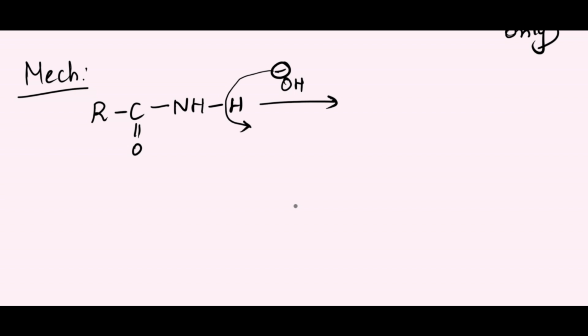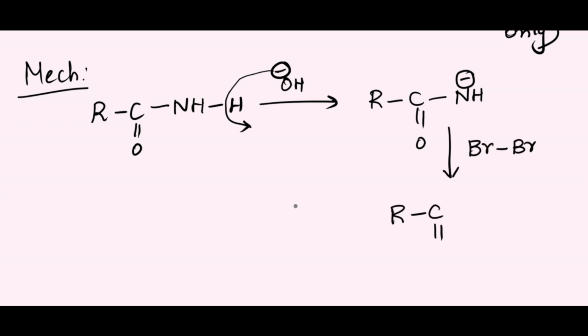So it abstracts the proton, so it forms C double bond O, NH with the minus charge because H plus is gone. Then Br2. One of those bromine atoms is getting attached here to form NHBr.